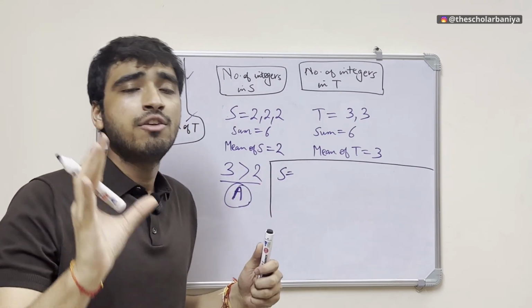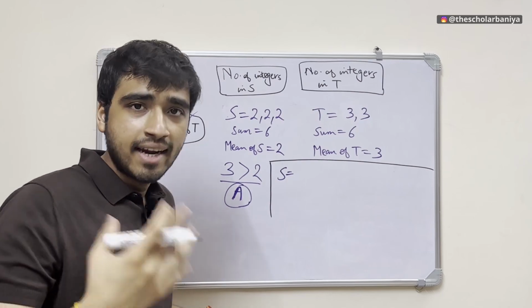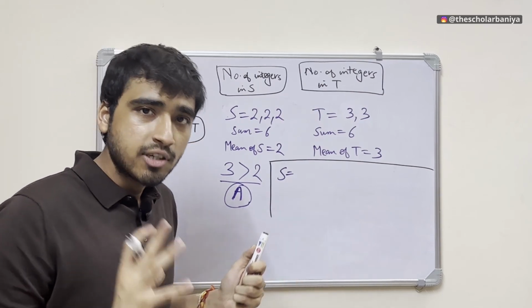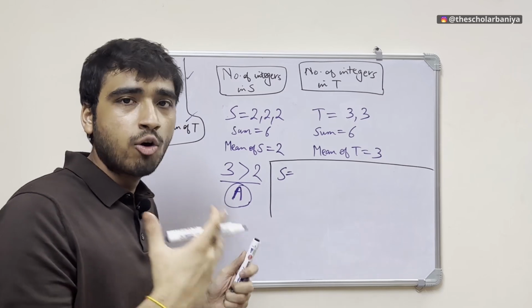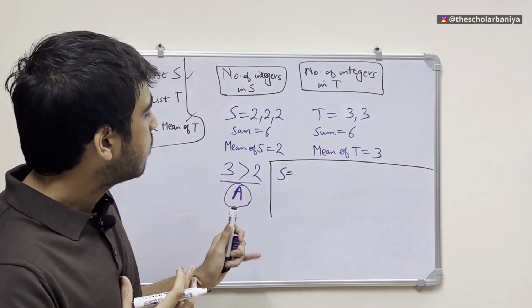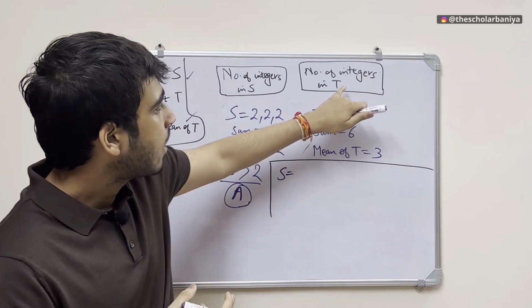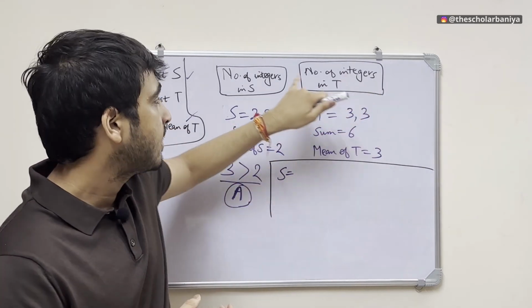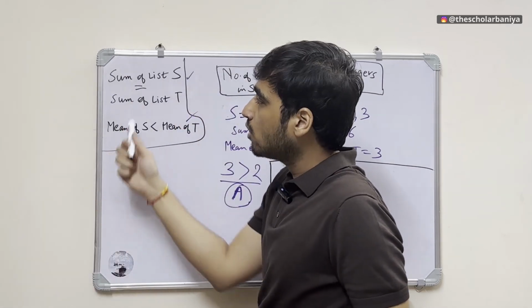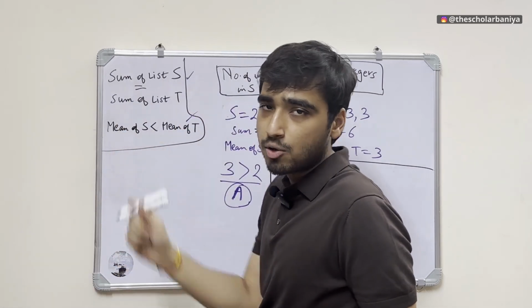That is how we generally approach these questions. If you are not able to do that, obviously the answer is A. But firstly, we try to make a contradiction. So now I want this side to be greater than this, with the condition that both of these given things should be satisfied.